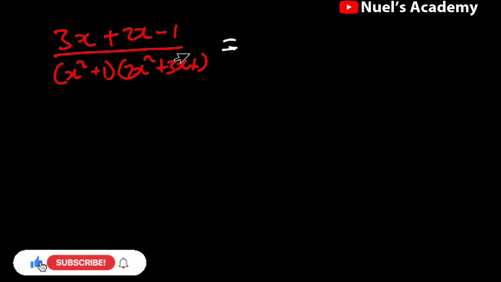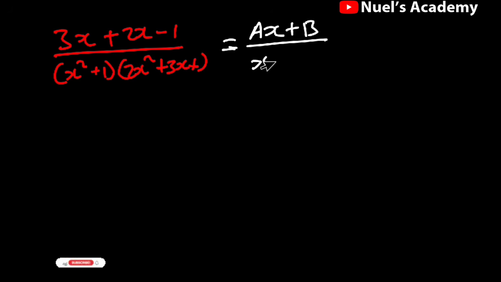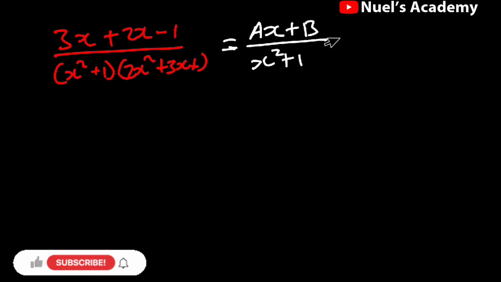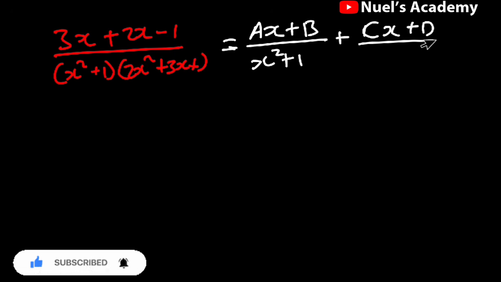We're going to express this as, since we have x squared here, we start with ax plus b divided by x squared plus 1, then plus, since we also have a square here, you start with cx plus d divided by 2x squared plus 3x plus 1.